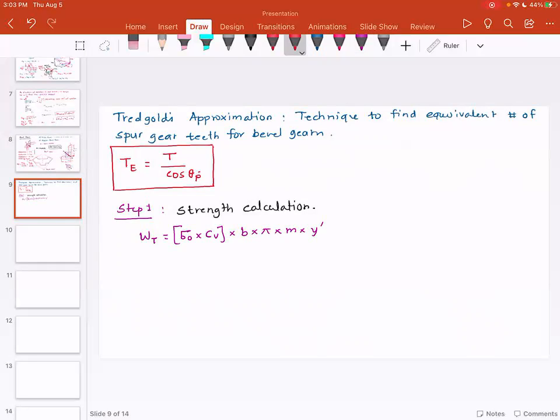So far, this equation is exactly similar to the helical gear. But since it's a bevel gear, there is one thing that changes, which is the factor (L minus B) by L.